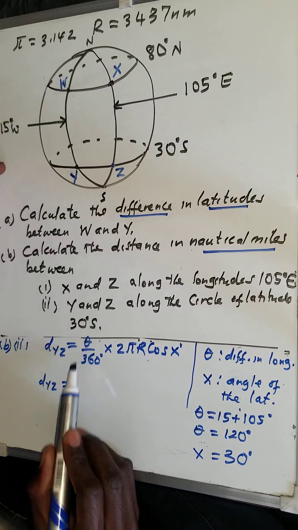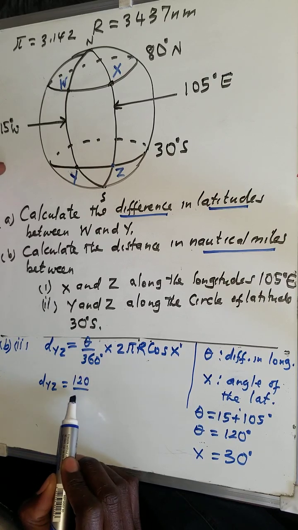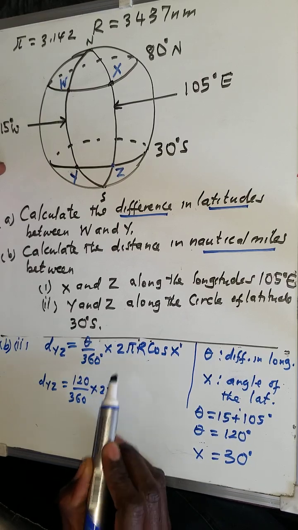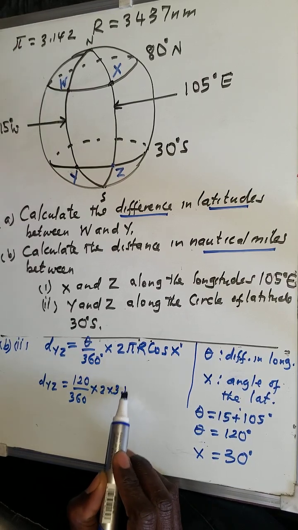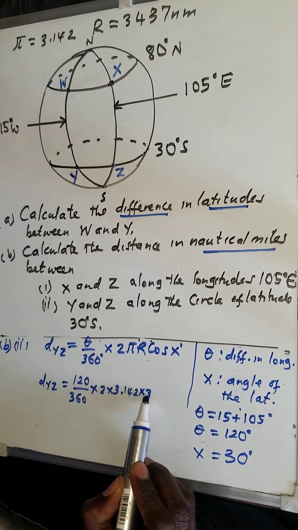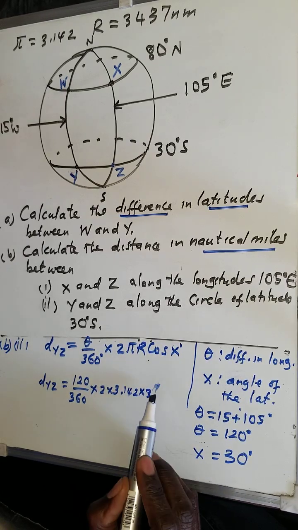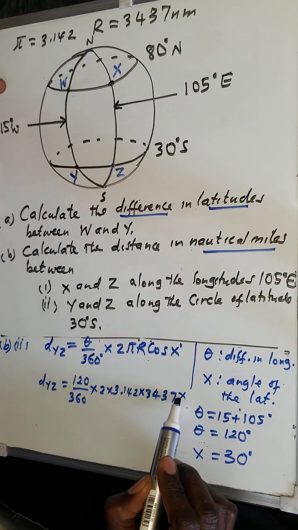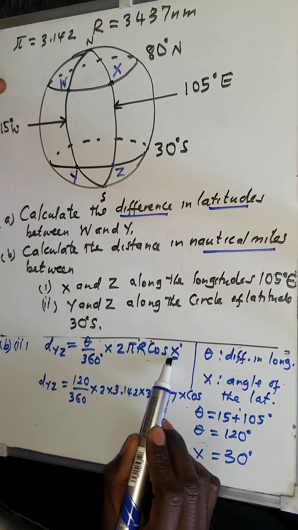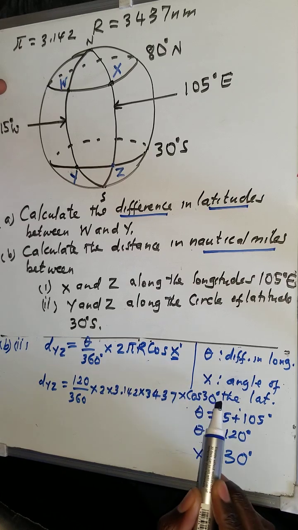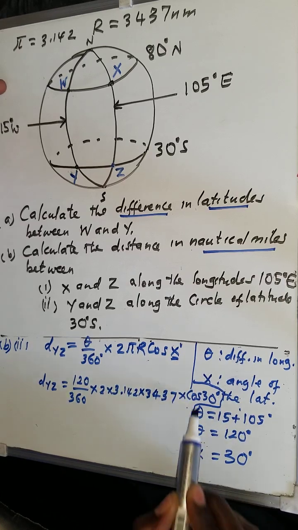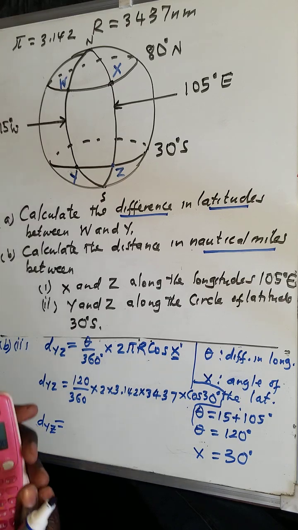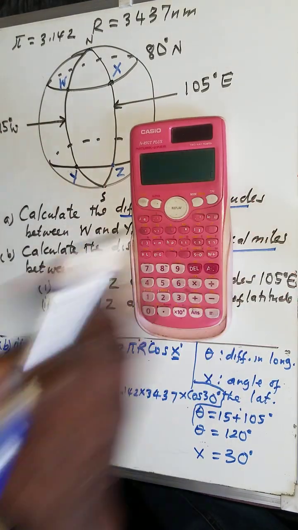So that is going to be, my theta is 120 over 360 multiplied by 2 times my pi. Remember, they gave us 3.142. The radius is 3437, so that is going to be 3437. Then we multiply by cos of x. What is our x? It is 30 degrees. You can actually put it now on the calculator and let's see what that is going to give me.